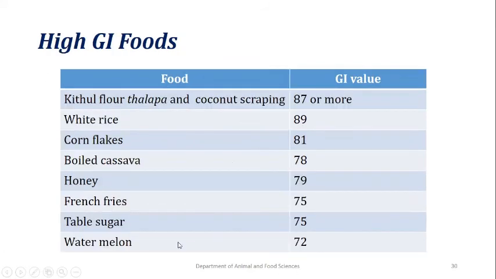And these are a few examples of high GI foods. Honey, 79. Watermelon, it's 72. French fries, 75. White rice, it's 89.